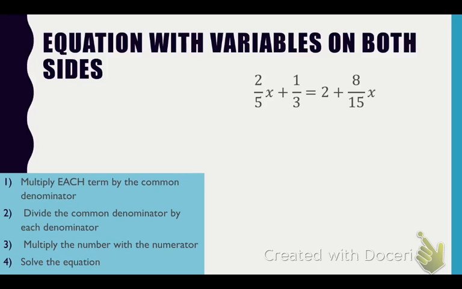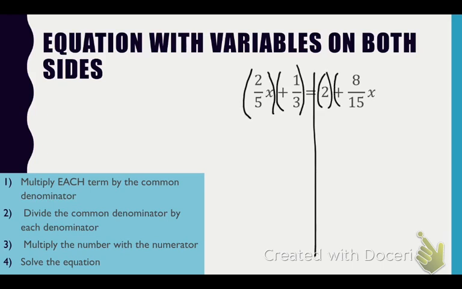Alright, so if I'm looking at this equation, I'm going to start by putting parentheses around each of my terms just so that I know that I separate all four of my terms. Then I need to find a common denominator between 5, 3, 1, and 15.